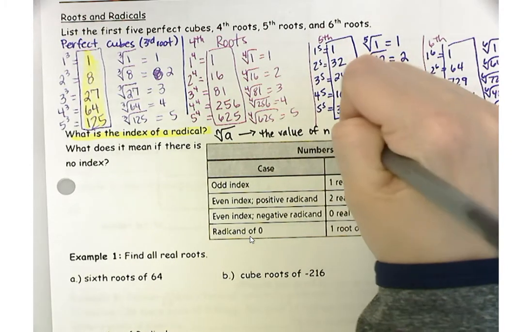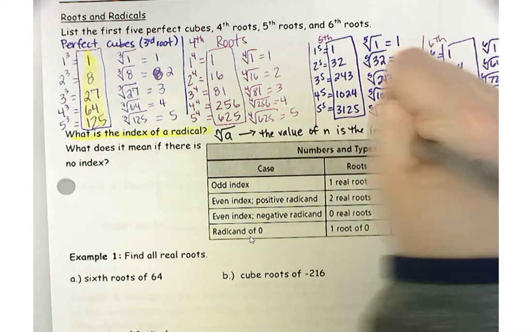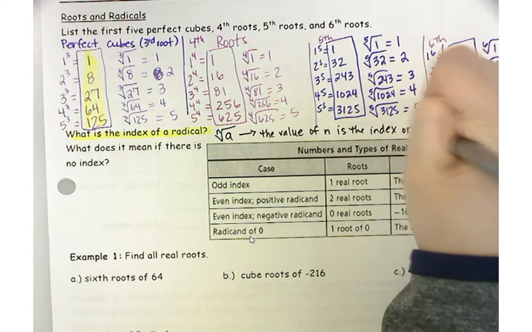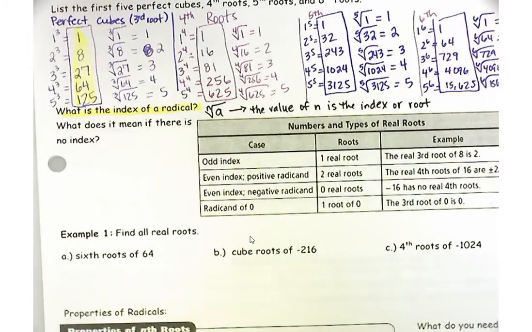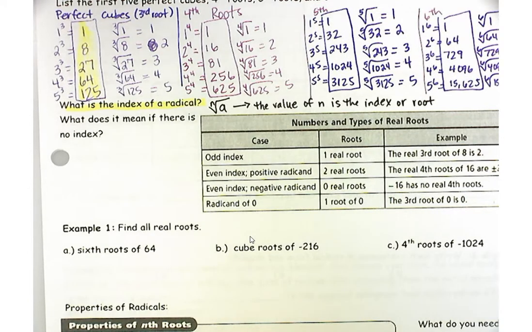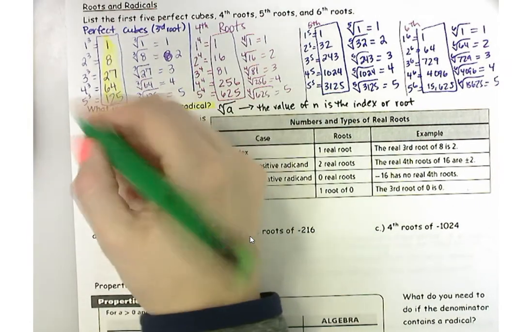All right, what does it mean if there's no index? By that, I mean if you can't see it. If you couldn't see it, it would look something like you just have this. What does that mean? That's the square root. Okay, so if you can't see the index, then it's going to be the square root.